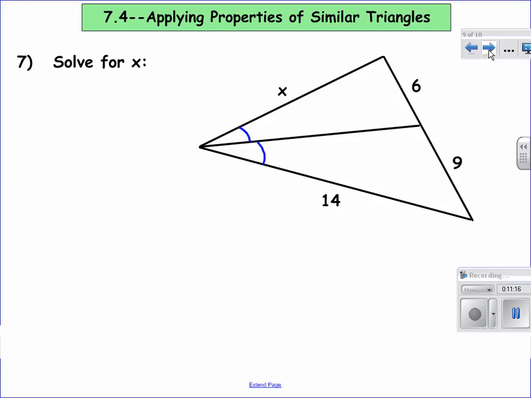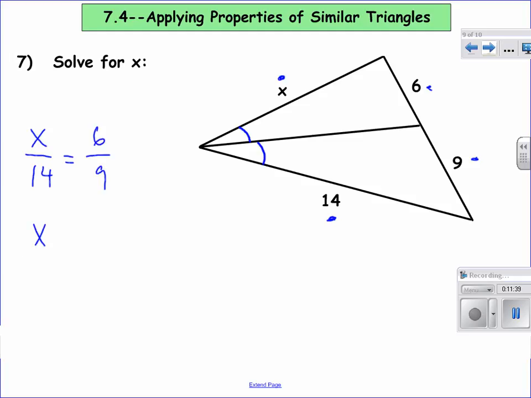So let's see, how did I set this one up? This is to this, so x is to 14 is the same as these end pieces. So 6 is to 9.